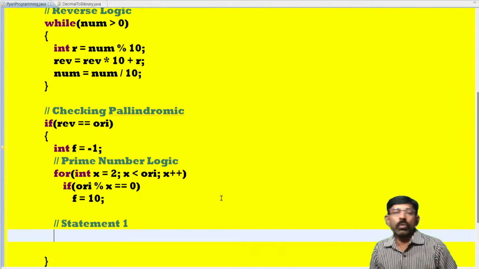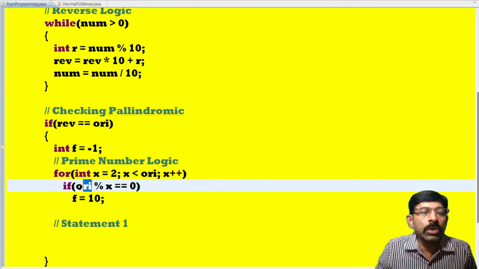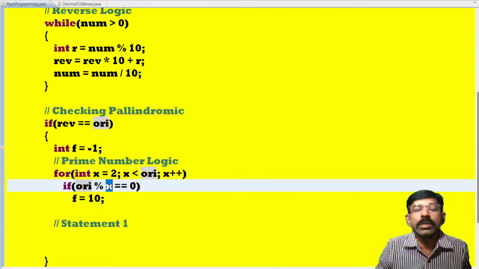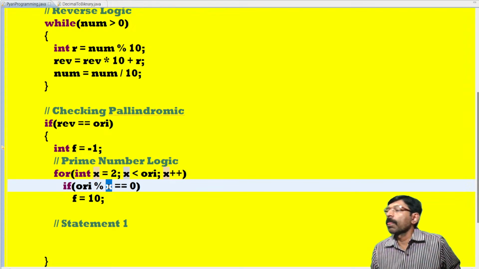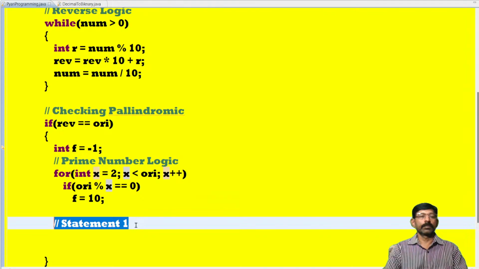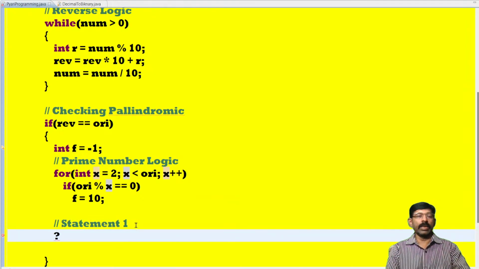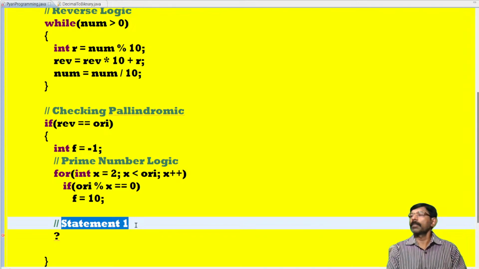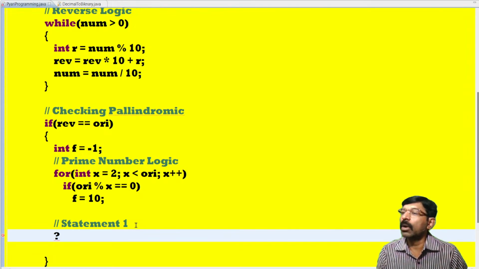Statement 2 is not ORI modulo x, I think. Statement 2 is ORI. Statement 3 is x. So stick. Okay. What will be statement 1 now? There is nothing but the question mark for 9th. 10th is statement 1. Quickly give your answer.